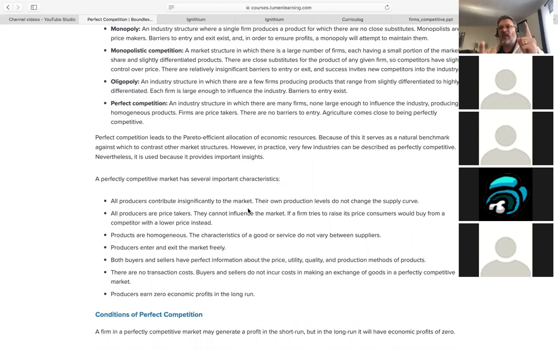And they're related to one another, but obviously they're not exactly the same, right? One's at an individual level and one's at a market level. And so you have to keep track of whether you're talking about the individual firm's behavior within the competitive industry, or you're talking about the behavior of the industry as a whole. If you don't keep those two separate, then it'll be difficult to understand what's going on.